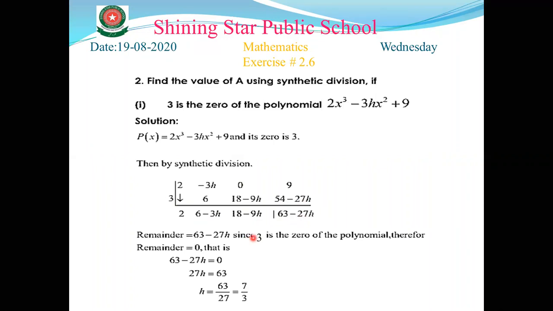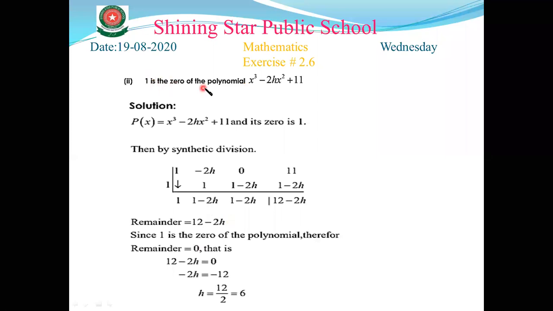But since 3 is the 0 of the polynomial, therefore the remainder is equal to 0. So we can say that 63 minus 27h is equal to 0. So we take minus 27h to the right hand side, it becomes plus 27h. We divide by 27, so 7 over 3 is your required answer for h. Simple.